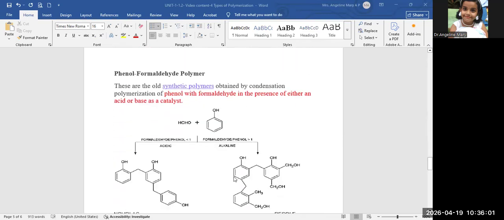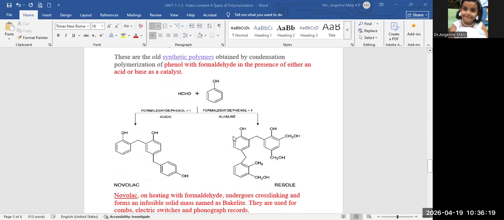The third best example is the phenol formaldehyde polymer. These are the oldest synthetic polymers, obtained by the condensation polymerization of phenol with formaldehyde in the presence of either an acid or base catalyst.